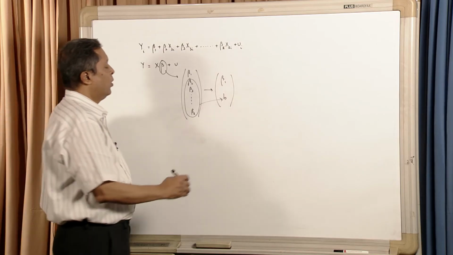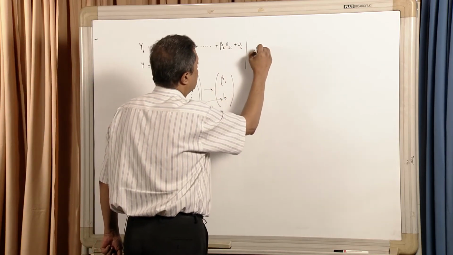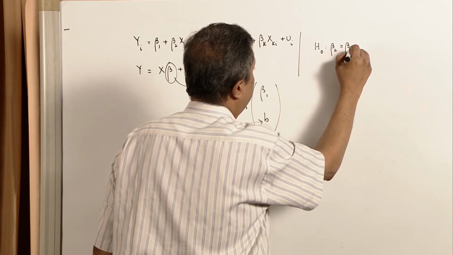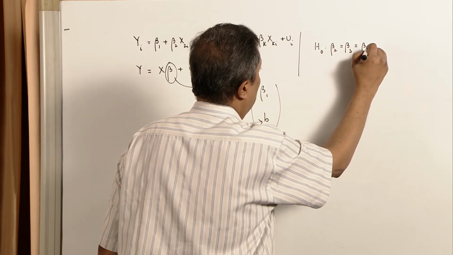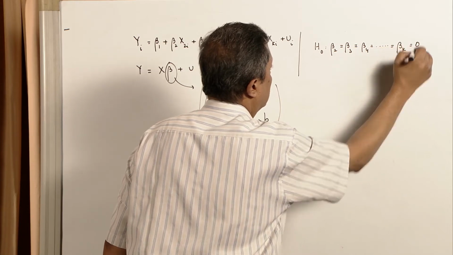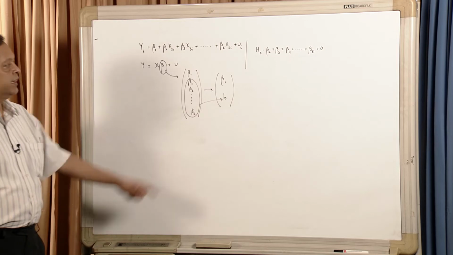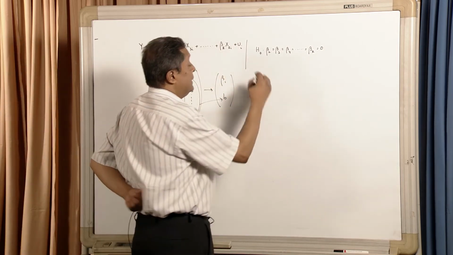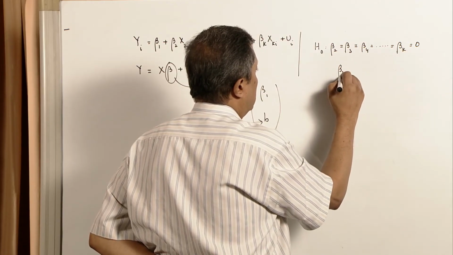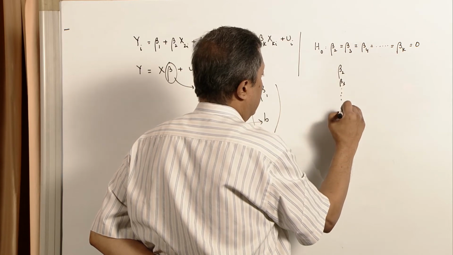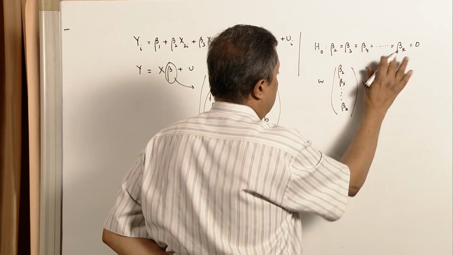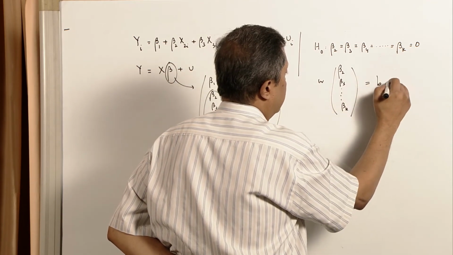Supposing we want to test H naught: beta 2 is equal to beta 3 is equal to beta 4 and so on and so forth right up to beta k, which is equal to 0. Let us say that is our null hypothesis. This we write as beta 2, beta 3 up to beta k, that is, small b is equal to 0.